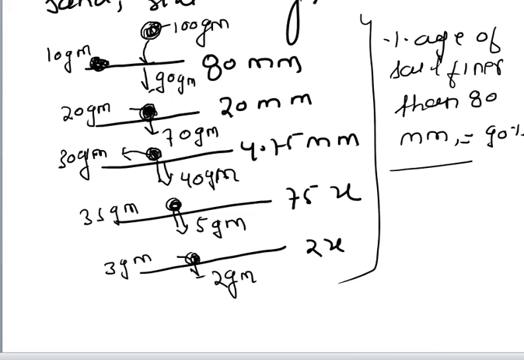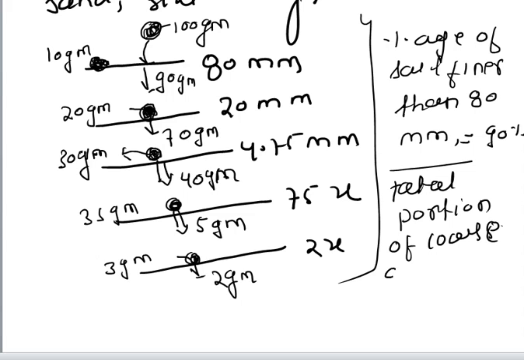Look, at 75 micron I have said the soil solids of size less than 75 micron are considered fine grained soil.